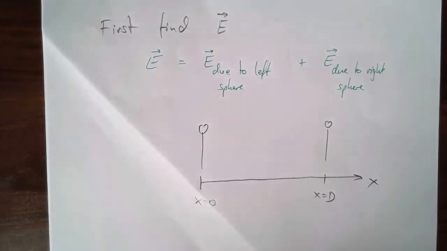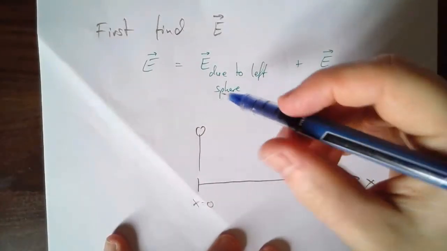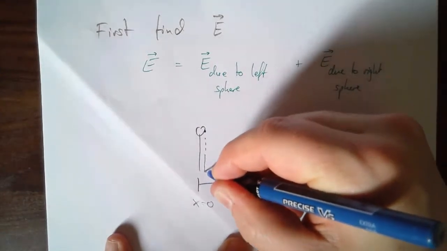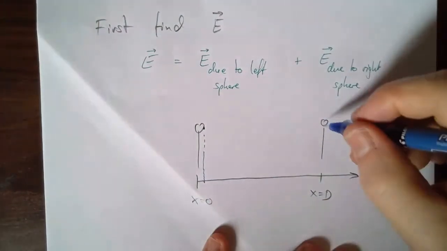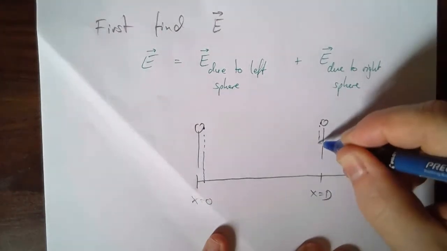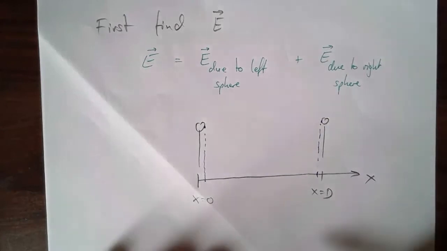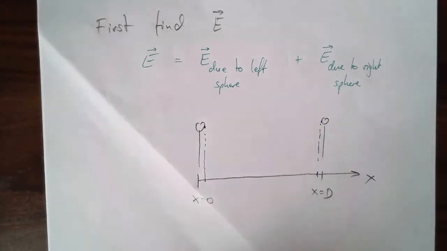Now be careful. You're starting not at x equals 0. You're starting on the surface here. You can figure out what that initial x variable is, and you end up not at x equals d, but just to the left of it. So this is where you're marching along, from one side to the other, and that will determine your limits.